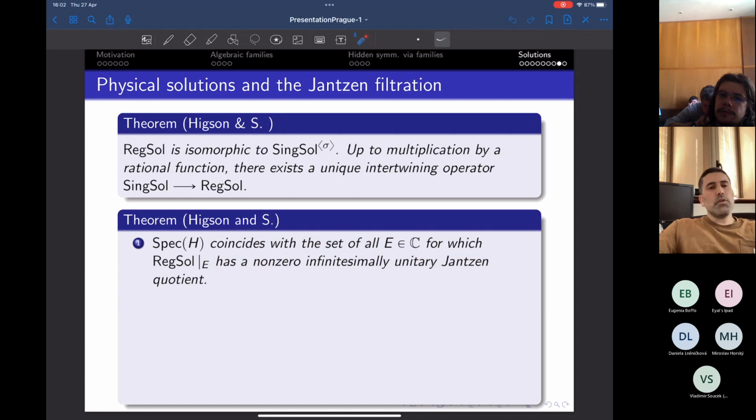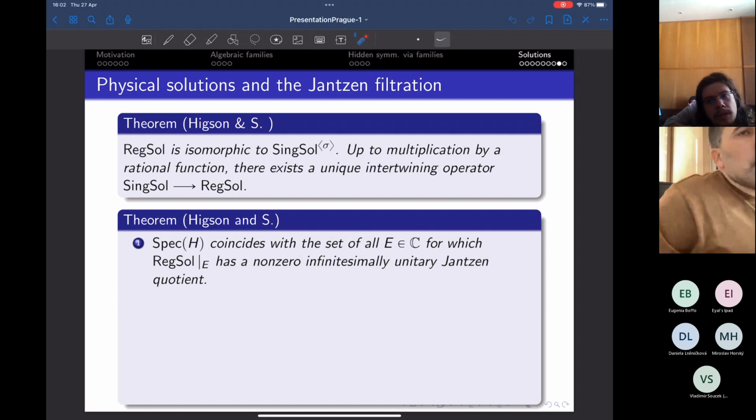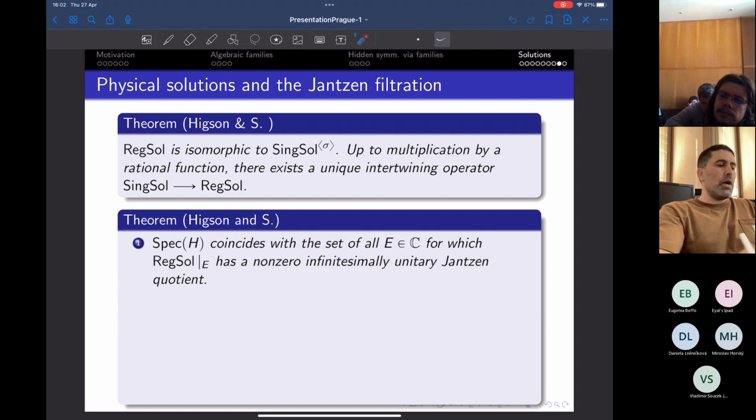This quotient is called infinitesimally unitary if it carries some invariant Hermitian form of definite sign, which comes for free in some cases out of this map. So using this Jantzen quotient, you can get the spectrum.